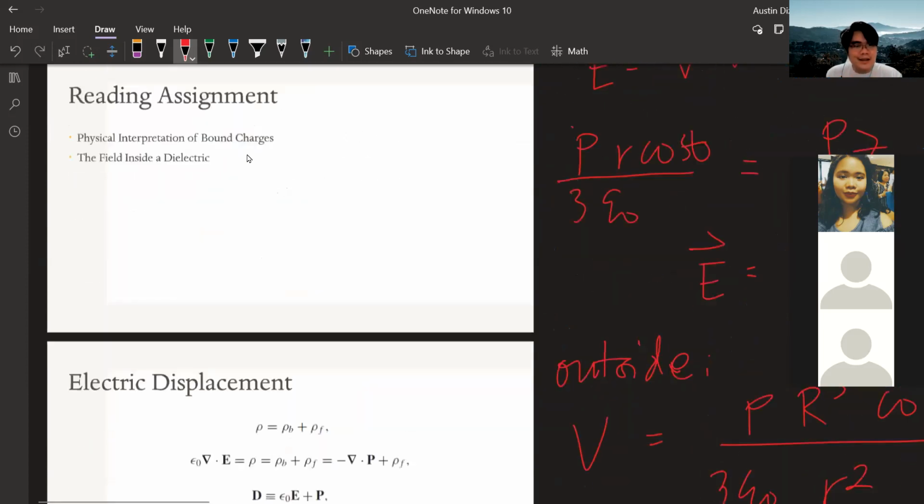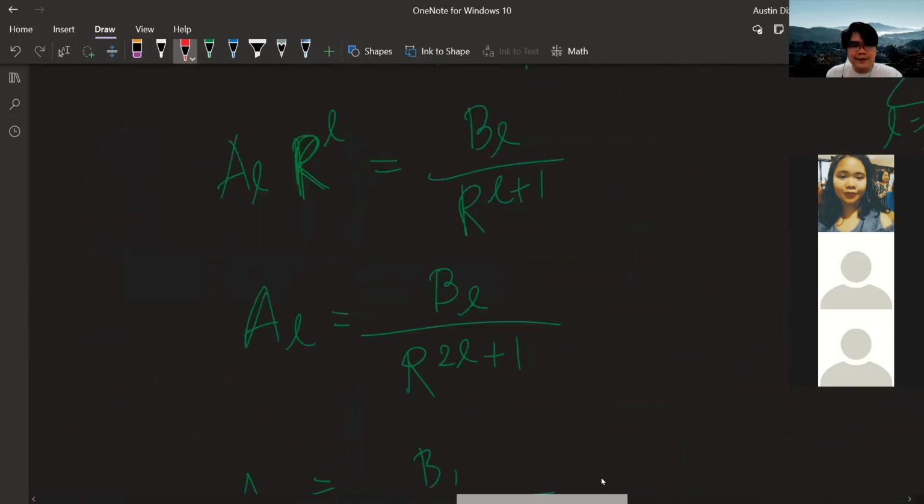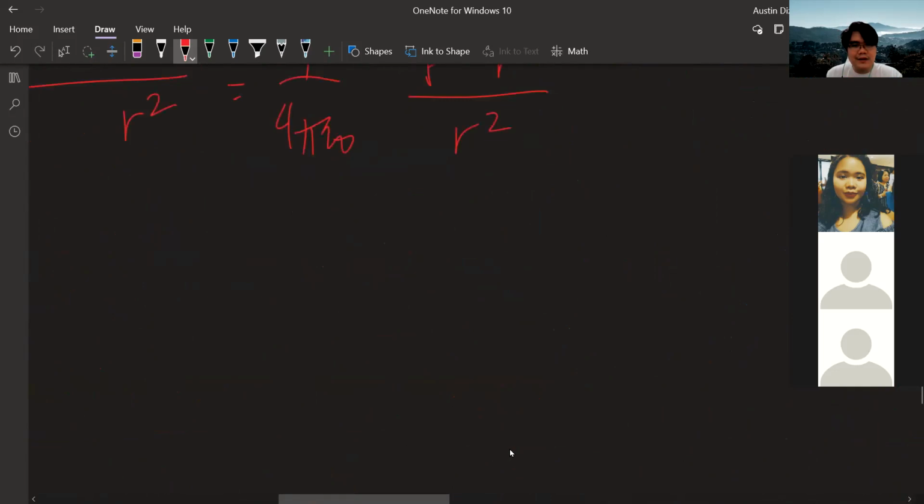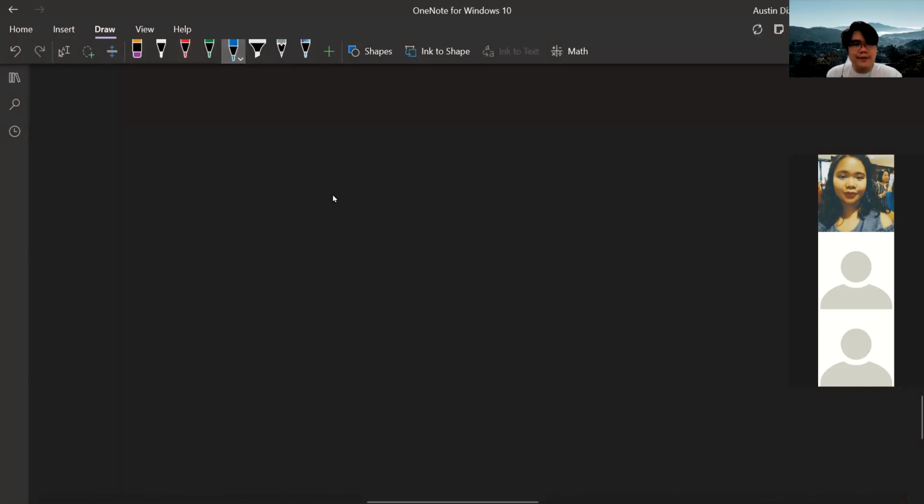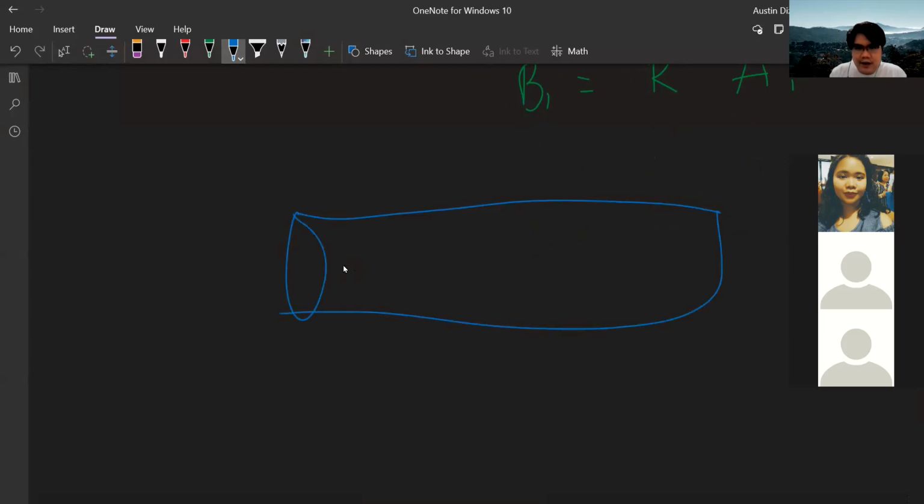Okay, what does the bound charges mean? Okay? So, sulat tayo dito. Kuwari, meron kang cylinder. Okay?